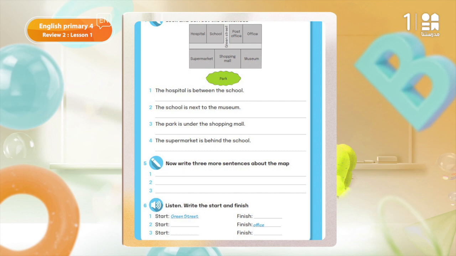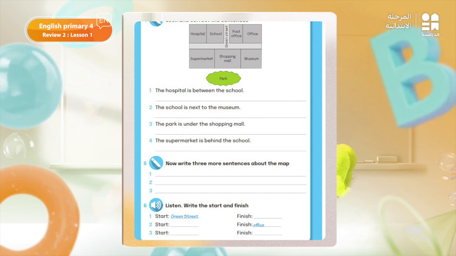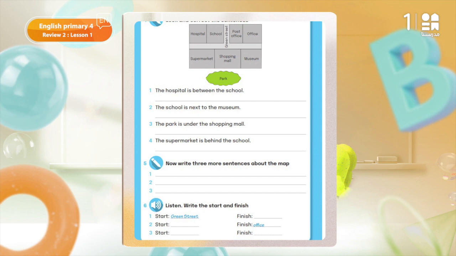It's on the left. 2. Go straight ahead. Turn left. Go past the school. It's on the right. 3. Walk past the post office and turn right. The entrance is on the left, on Green Street.